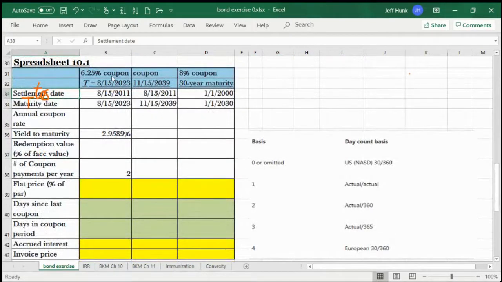The coupon rate is 6.25%. And what they did here is really stupid. Why? When you mix up numerical data with text, the data will become rubbish.